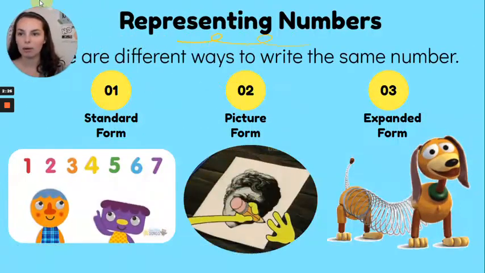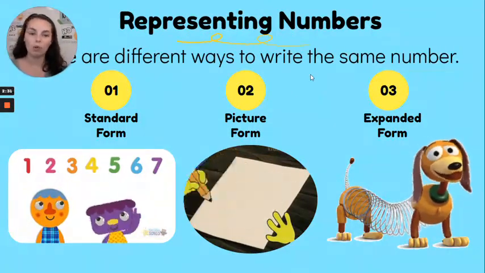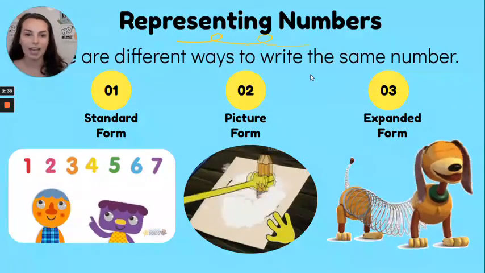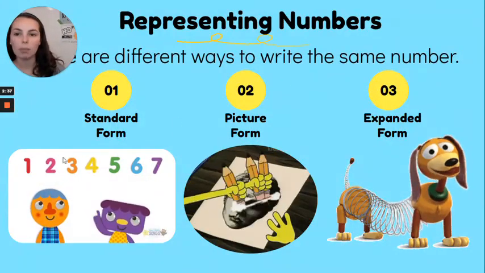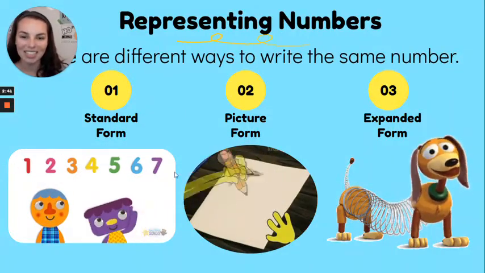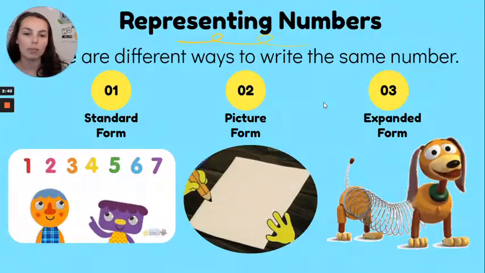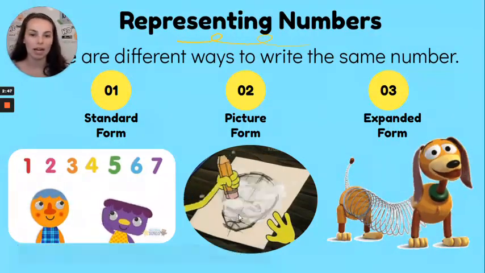So now let's talk about our objective, which is representing numbers. There are different ways to write the same number. That's what that means. So I can represent a number in standard form, which is using those digits. I can represent a number in picture form by drawing base 10 blocks.